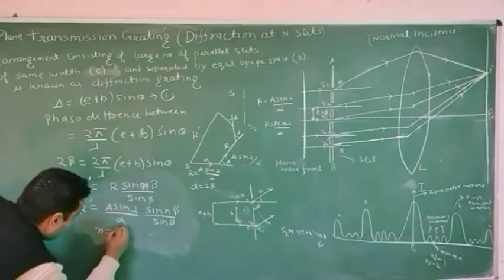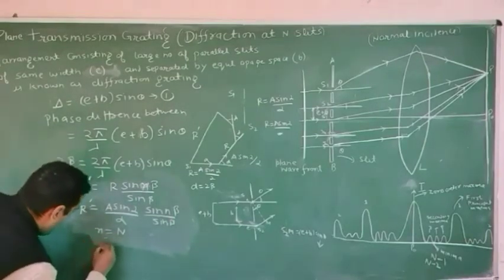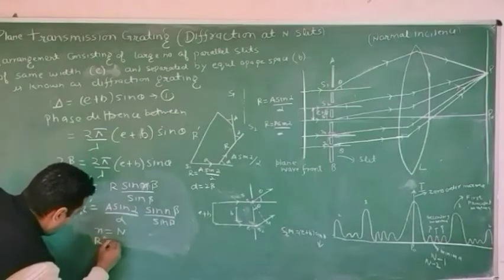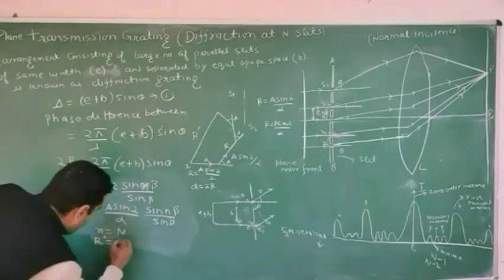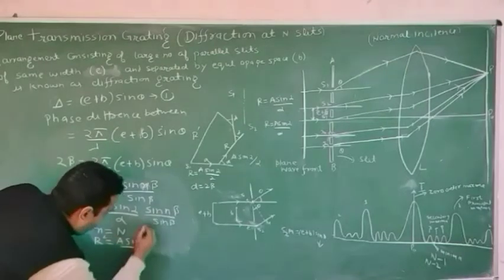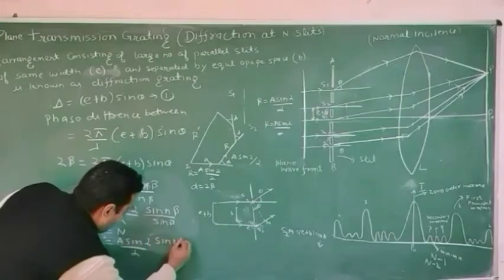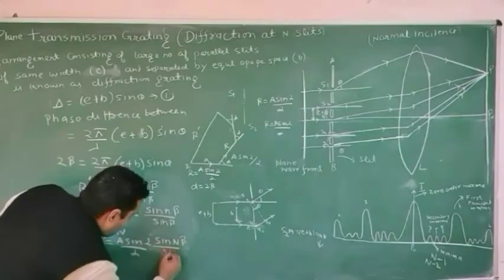If there are N slits, then N is considered as the number of slits, and R dash is equal to A sin alpha upon alpha times sin N beta upon sin beta.